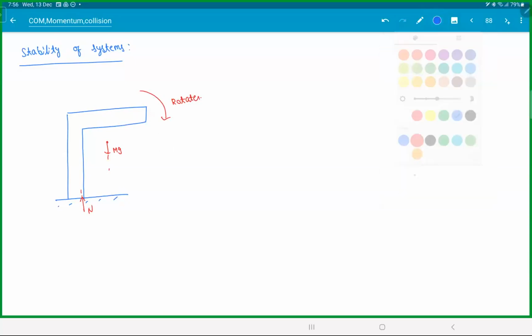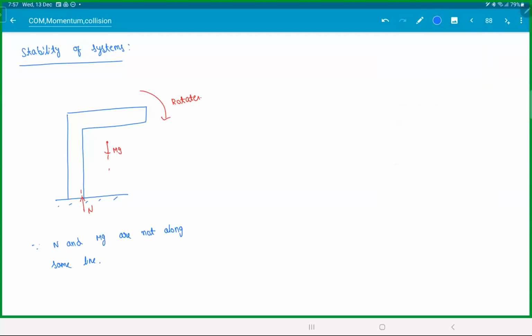So the reason here is, since N and mg are not along the same line, they create rotation. If you want to keep something at rest, there's a condition you have to satisfy.